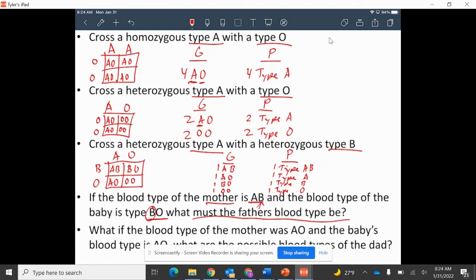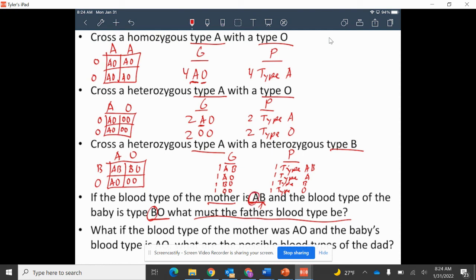Sorry, I messed that up. Let me change this. I got too much writing going on here. If the baby's BO, we know the O had to come from dad.